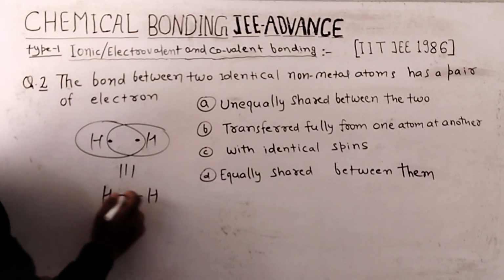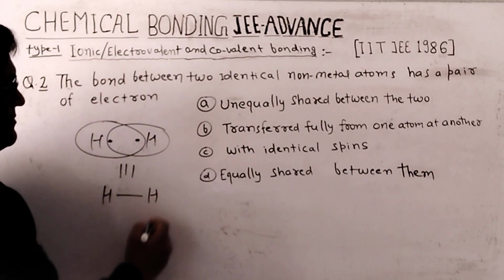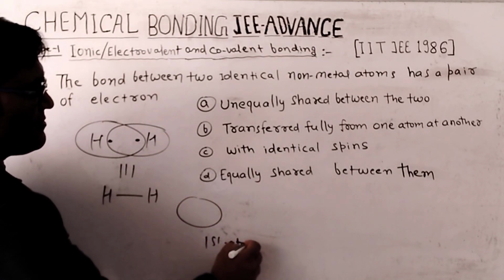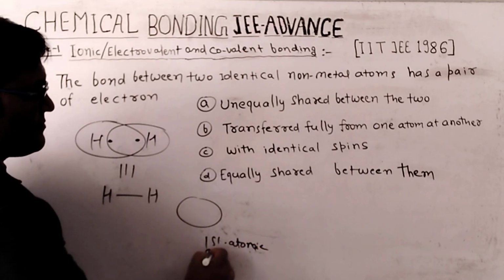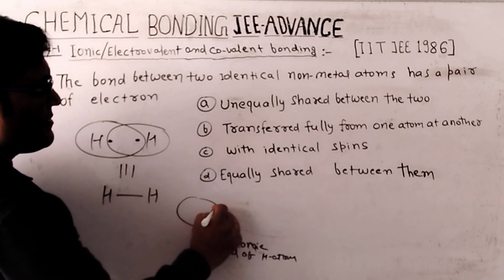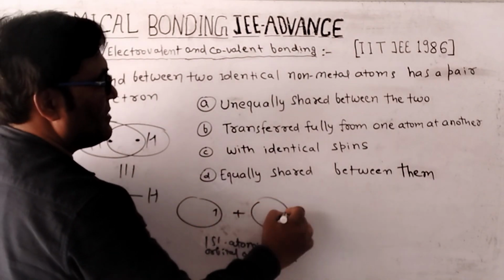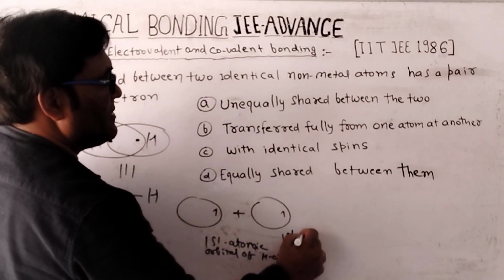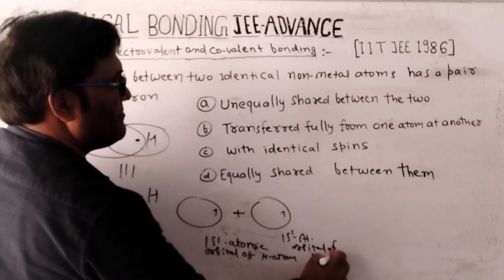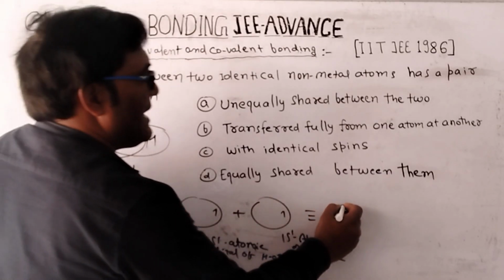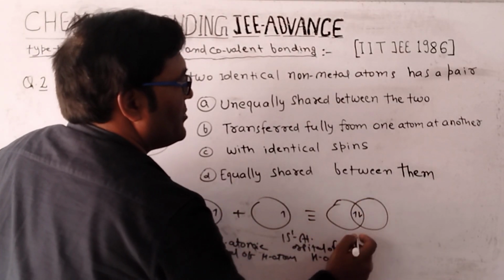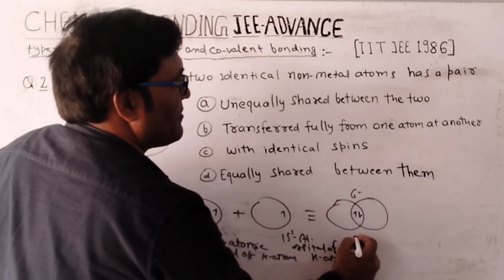Here the 1s1 atomic orbital of an H atom overlaps with another 1s1 atomic orbital of an H atom, and after s-s overlap, a sigma bond is formed.